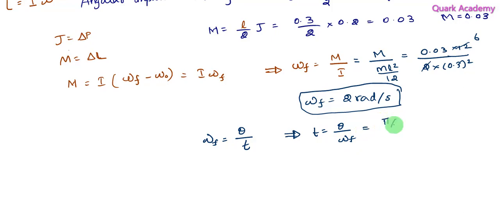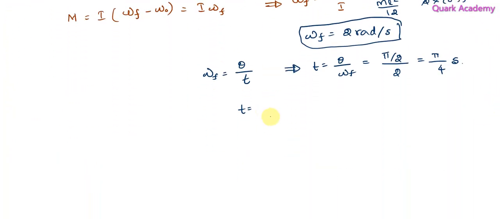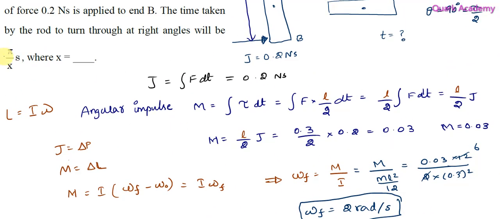So angular displacement 90 degree or pi by 2. This omega f is 2. So we'll get pi by 4 seconds. So the time period for the rod to rotate 90 degree or to make an angle, right angle, it takes pi by 4 seconds. If we compare this with the question, the x value, we will get it as 4.